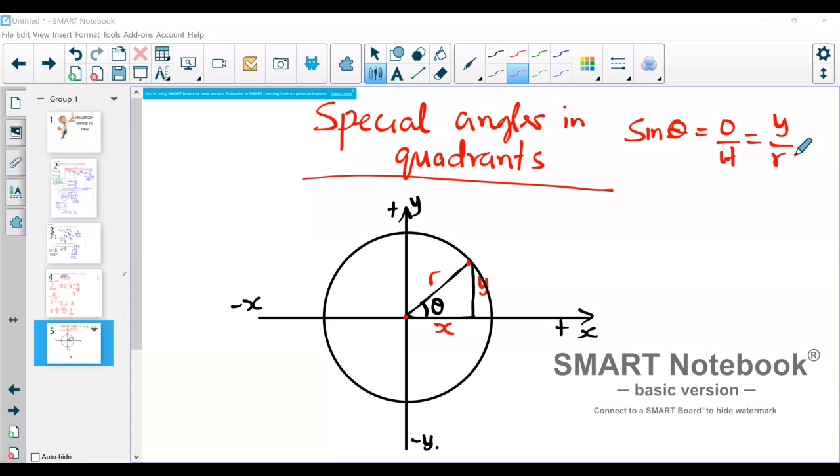Can I quickly get a yes or no before I move on? I need responses on what I just did, using a circle now in a Cartesian plane. Quickly. I just need responses. If there's a no, then I can re-explain.